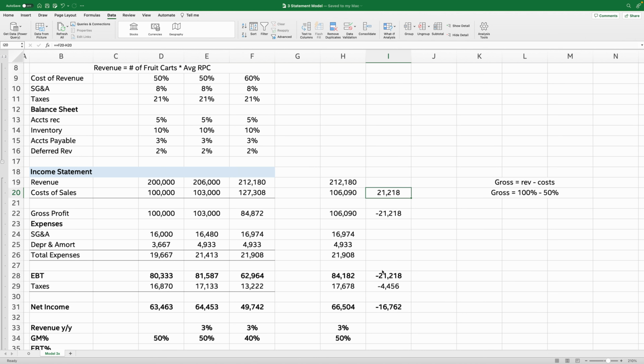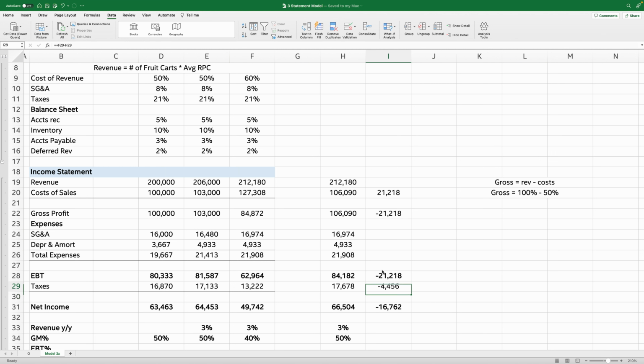Cost of sales went up by 21,000. Gross profit went down by 21,000. Earnings before taxes went down by 21,000. Taxes only went down by almost 4,500. So I wonder what the difference between the earnings before taxes change and the taxes change will get us.